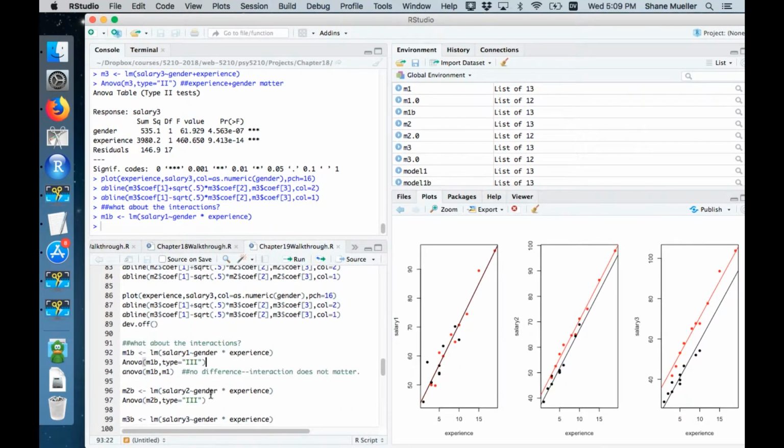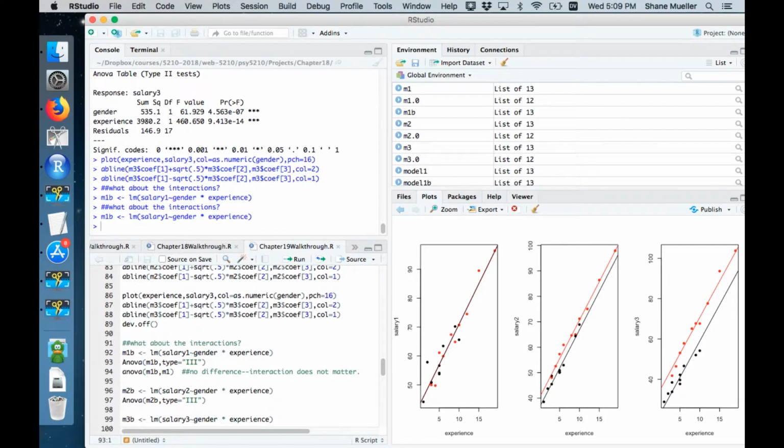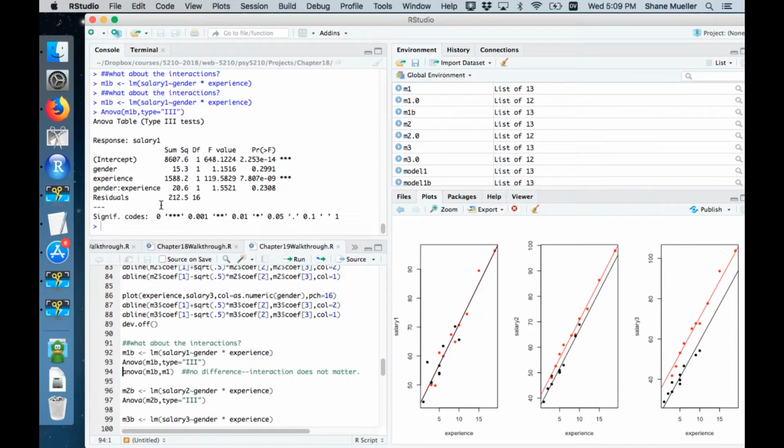But let's see, because I did the polynomial coding, we could do either a type 2 or a type 3 ANOVA here. And either might make sense. So I could do this ANOVA, and we can see here, and this is what we found before, that there is no effect of gender. There is no interaction.